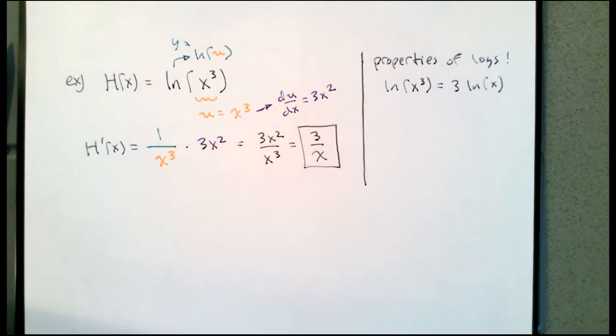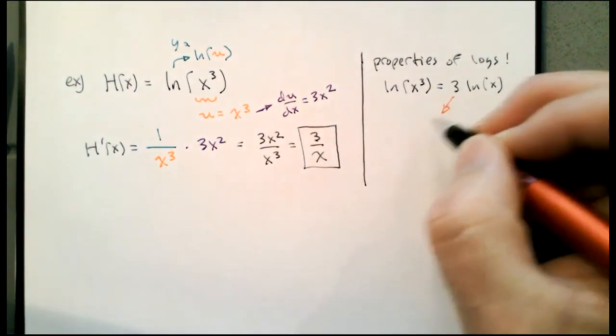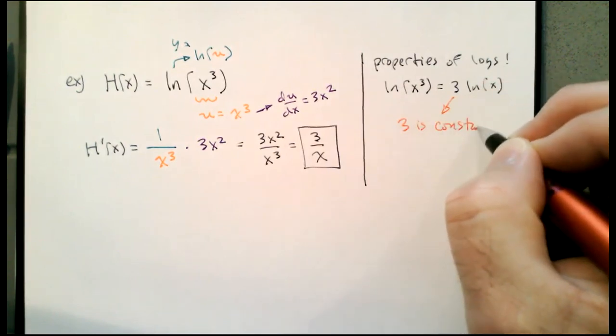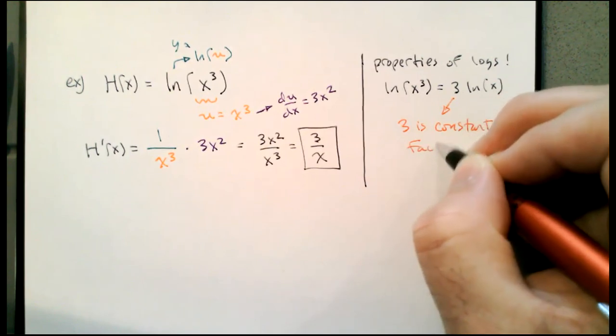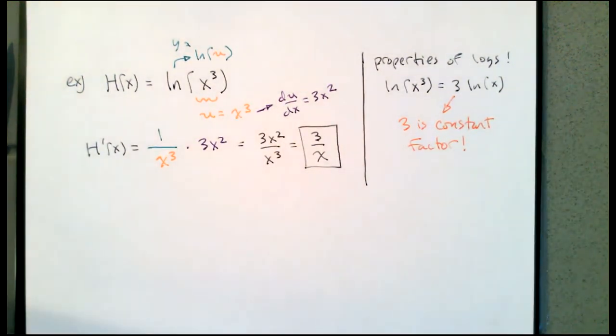So now I have a constant factor: a constant times natural log of x. The derivative of 3 natural log of x is just 3 times 1 over x.